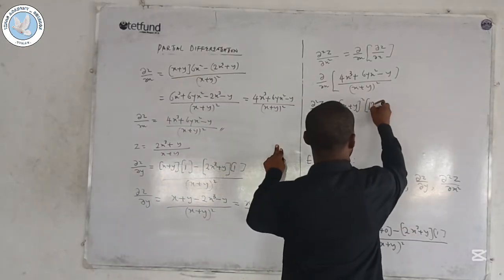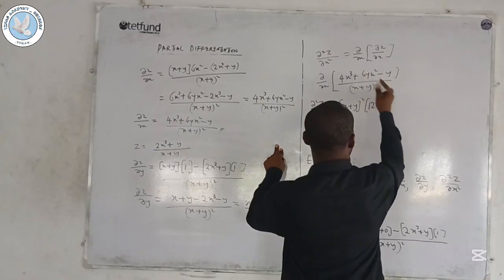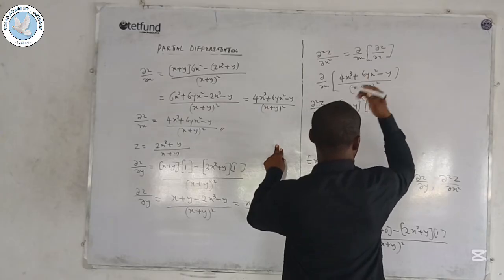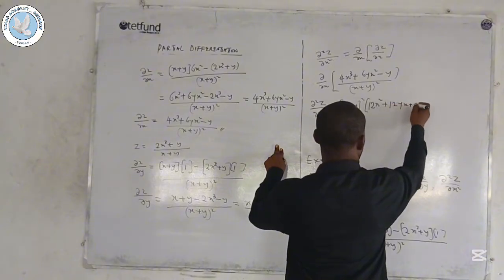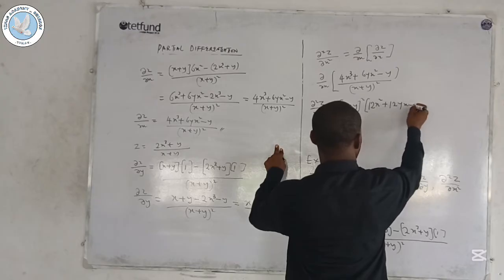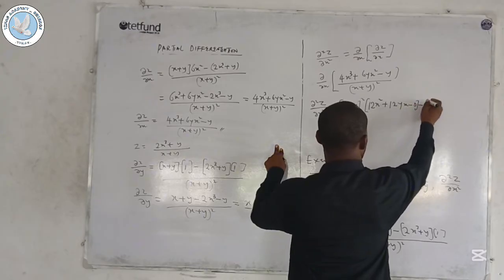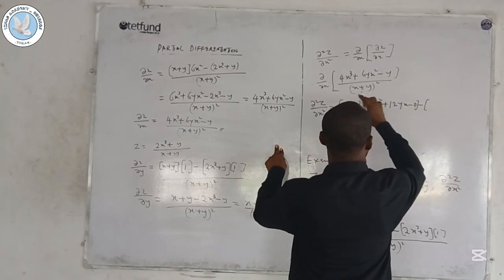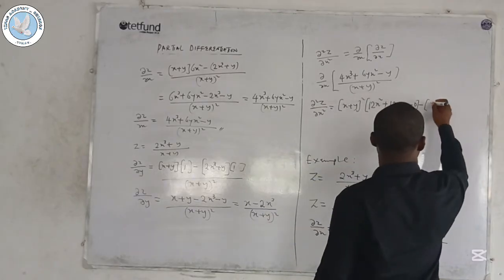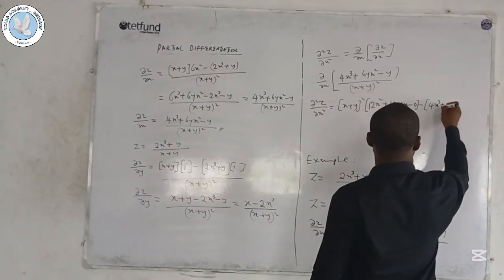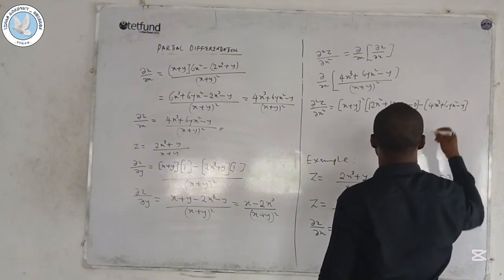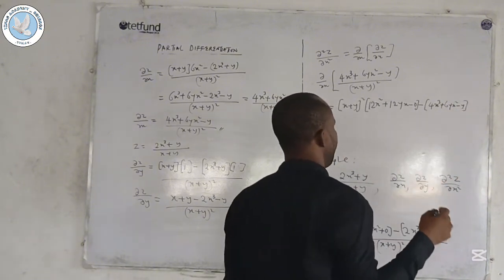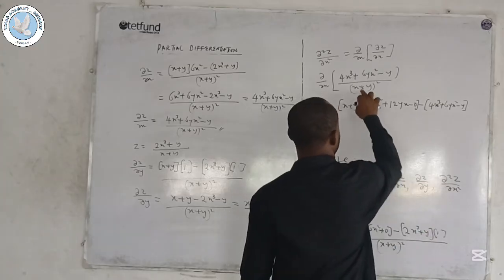So having 12 plus 12y this, plus minus 0, minus, multiply this through, plus this minus this, and differentiate this.